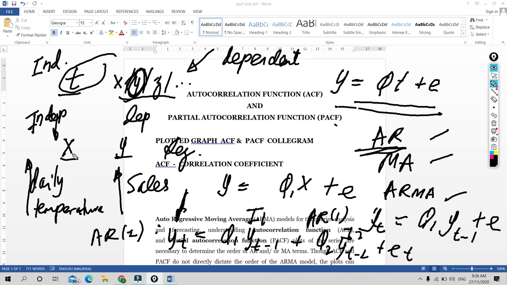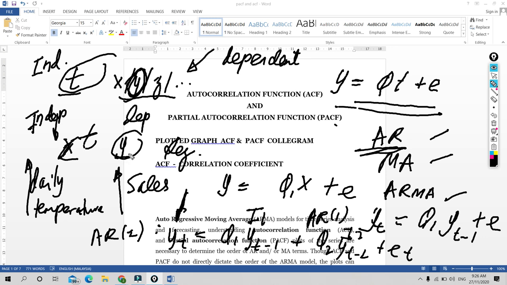Berbeza dengan regression, you should have a Y dependent and independent variable. So sales and daily temperature. Kalau katakan kita nak gunakan ini sebagai time series, kita kata sales ini, this is time, ikut hari. Tapi we do not actually use this data sebagai independent variable.